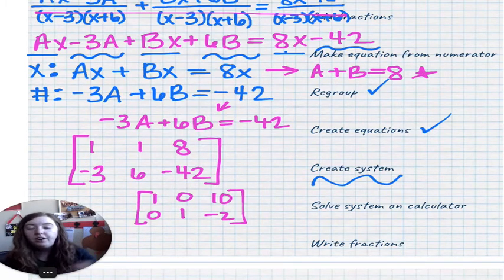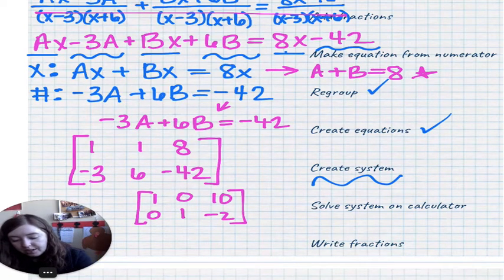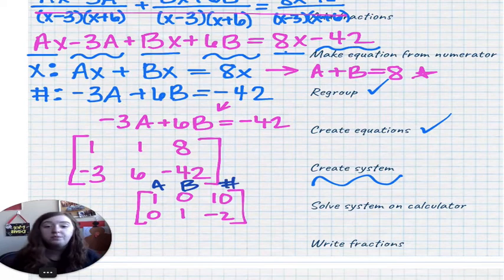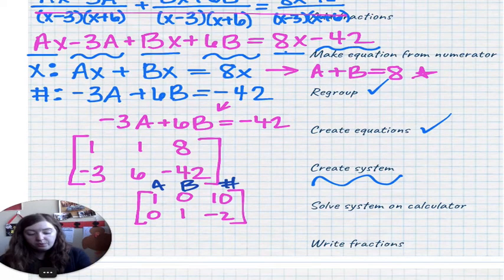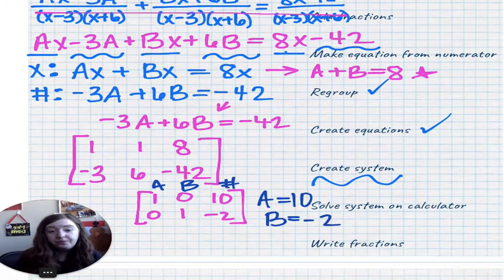So over here, when we put it into reduced row echelon form, this is the matrix that we got. So remember that this first column was A, second column was B, and then my last column was plain old numbers. So really my answer was A is equal to 10 and B is equal to negative 2.